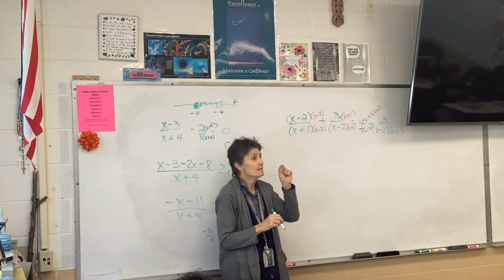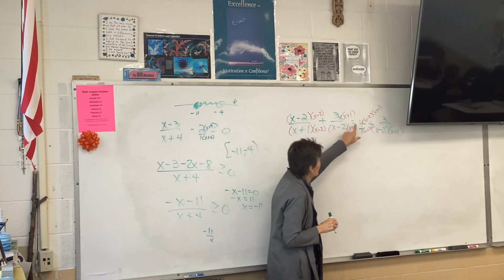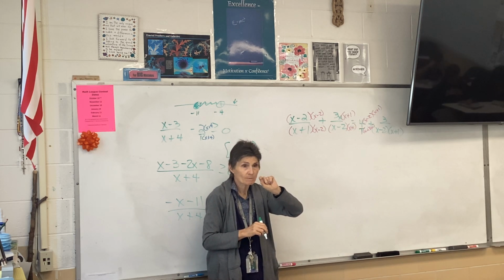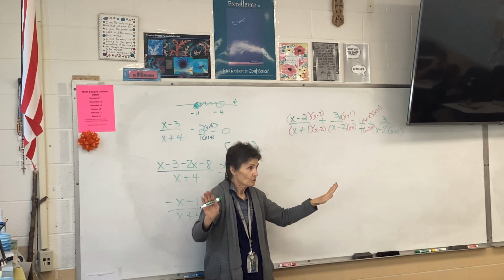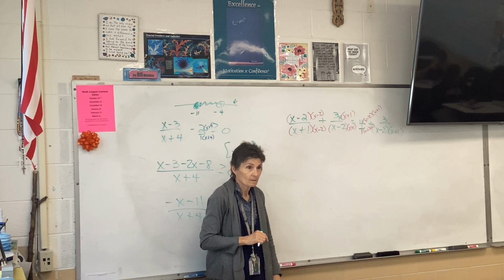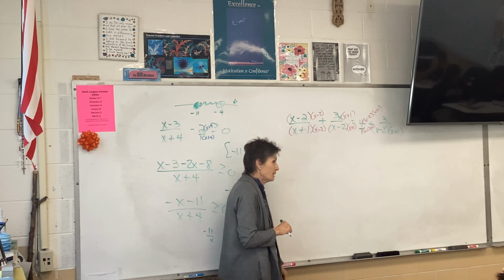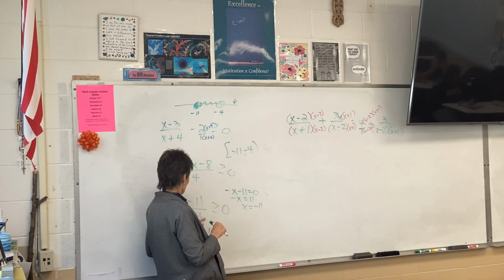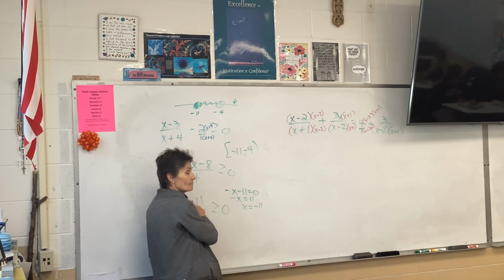In an equation, as soon as the denominators match, you can get rid of them, they cancel out. Not in an inequality. In that inequality we did a minute ago, we keep them, the whole thing.